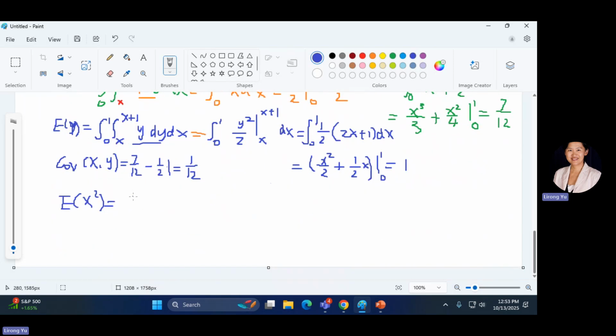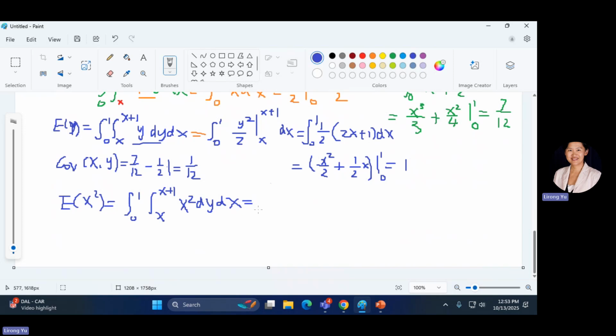If we find the marginal density for x, maybe we can make it a single integration. But anyway, 0 to 1, I'm doing the same double integration, x to x plus 1. At least the calculation formula will be the same. And then we have x squared times 1, and then it will be dy dx again.